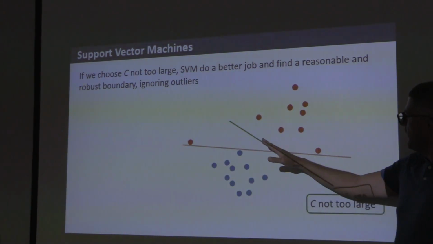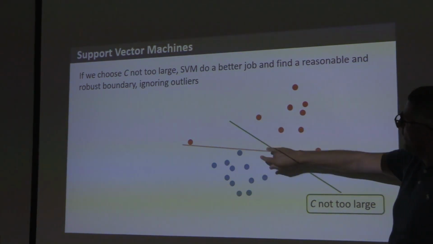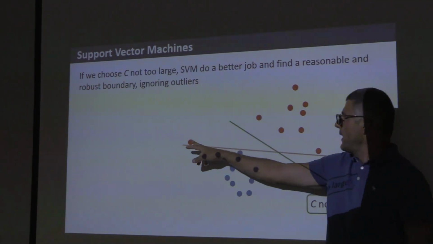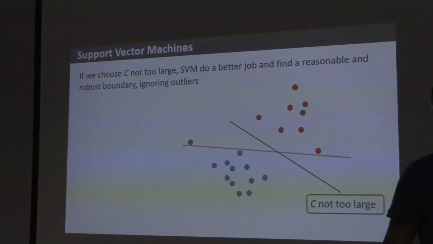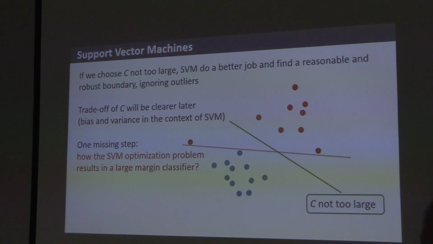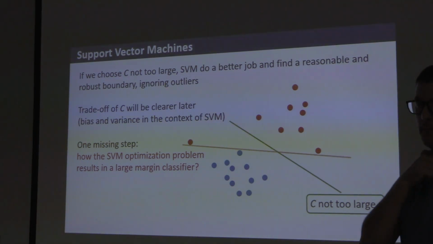With this threshold, the majority of the samples have a good margin, a good distance between the threshold and them, but we accept the errors here. Is it clear enough so far? How does it work?